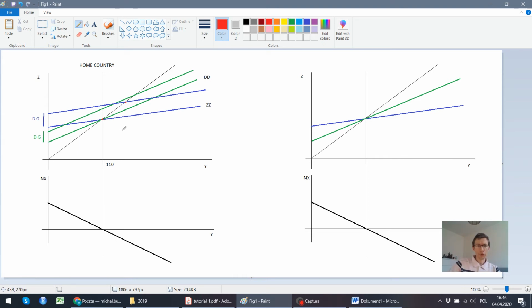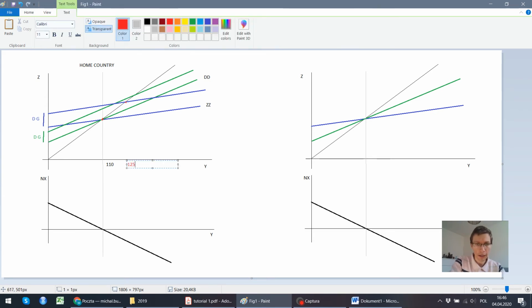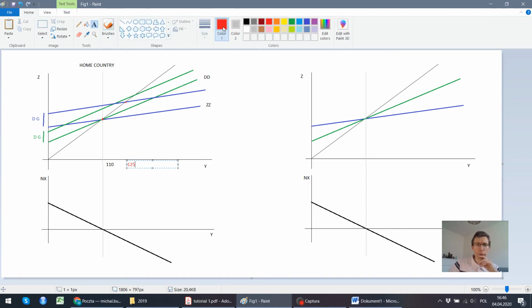So we observe a situation in which the output is actually increasing. This is what we know from our algebra. Okay, 125, the new value of output, and we observe two important things. Let me just draw the new equilibrium line. Okay.